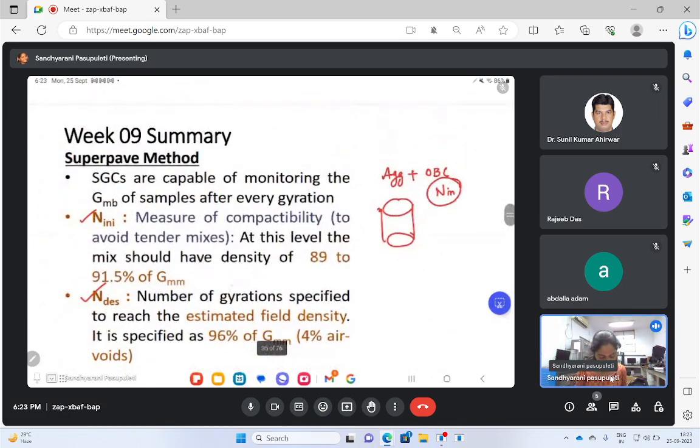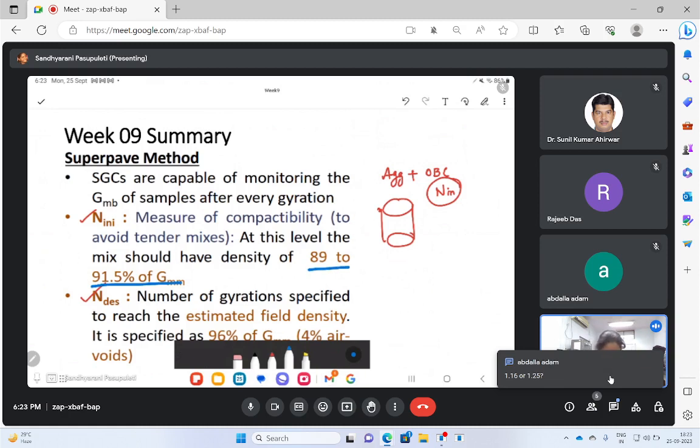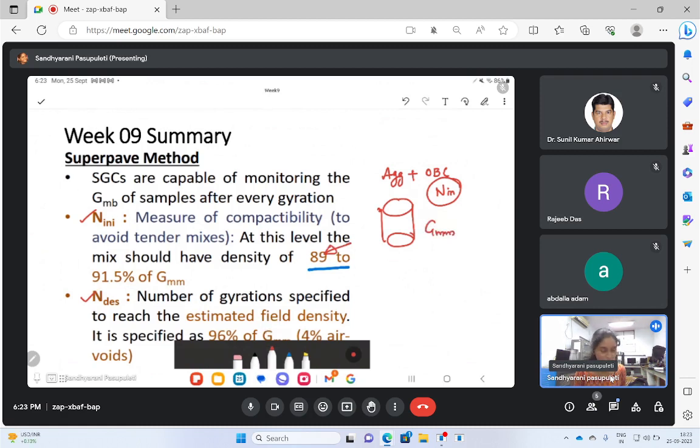If you see here N initial, it should have 89 to 91.5% of GMM. When I say GMM is 89, GMM represents the percentage of solids.